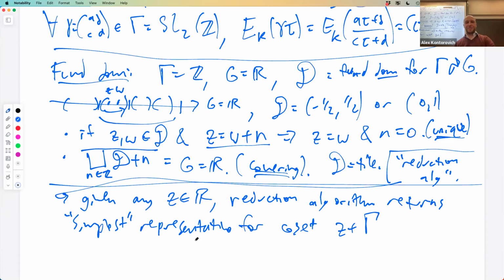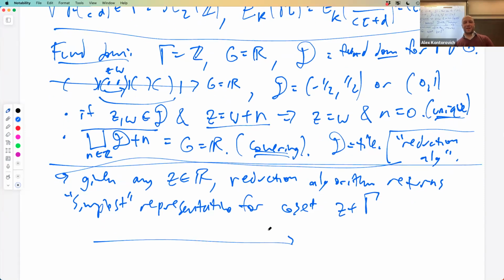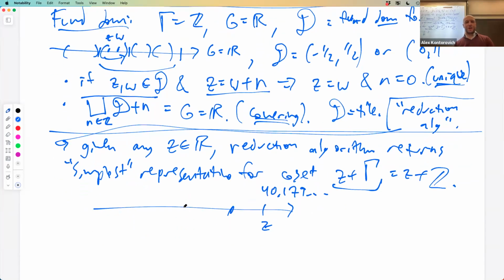Right? Here's the real line, and I give you a number, 40.179 and so on, so this is z. Then there's an entire coset, z plus Z, of course. Gamma is Z in this example, so this is all the integer translates.